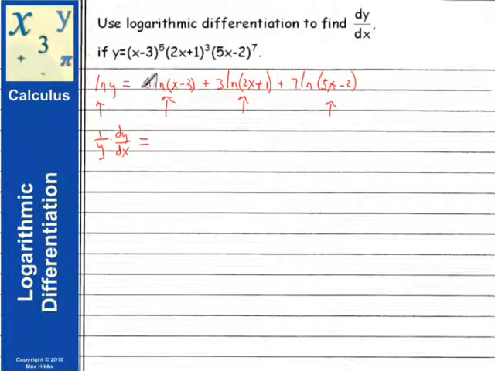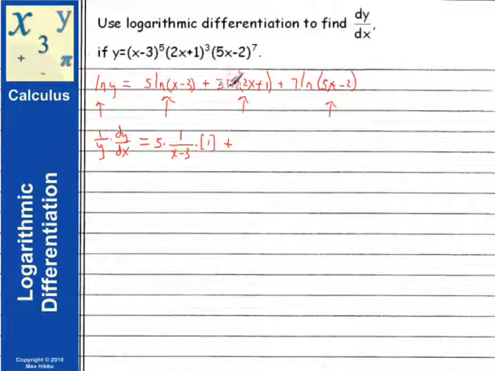The derivative of this, well, it's a constant times a function, so it's 5 times the derivative of this function. And of course, the derivative of a logarithm is 1 over the argument, so that's 1 over x minus 3 times the derivative of the argument. Well, the derivative of x minus 3 is 1.